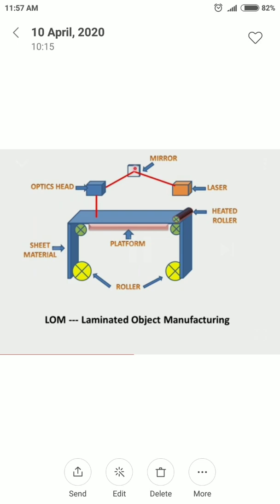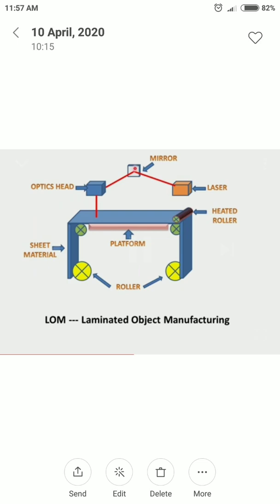The reflected light reaches the optics head, which gives direction to the light, and as per the dimensions, the optics head helps to cut the sheet metal. After the sheet is cut, the sheet starts moving from this side. The cut sheet then comes and settles on the platform or workpiece.